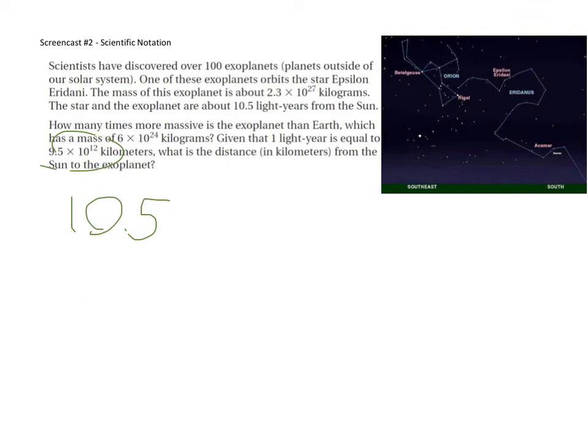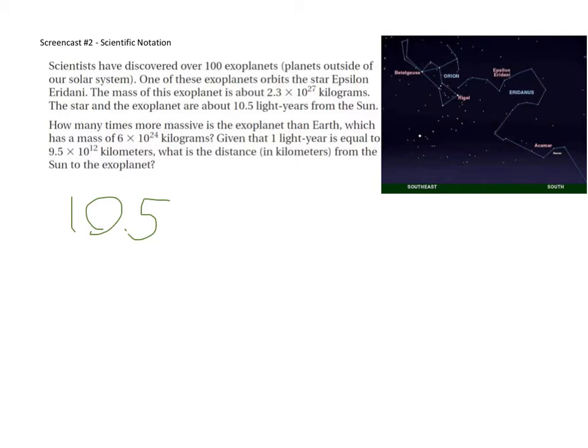That is crucial information for us to know, simply because if we know 1 light year is equal to this, we need to know how many kilometers 10.5 light years is.